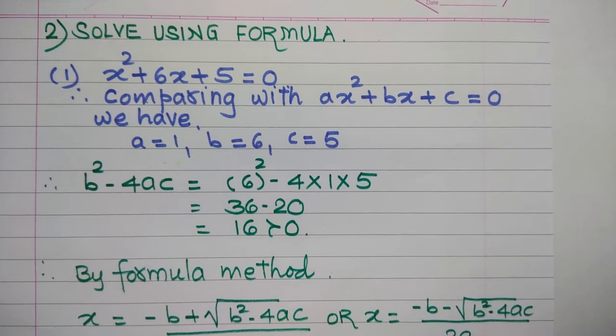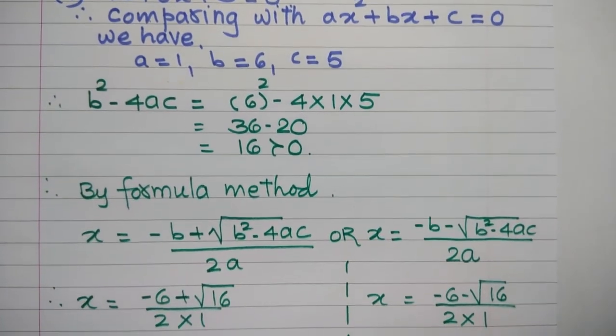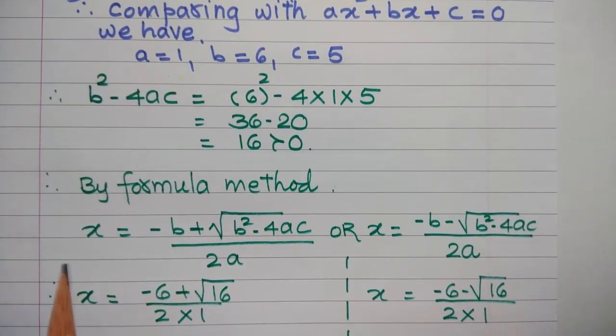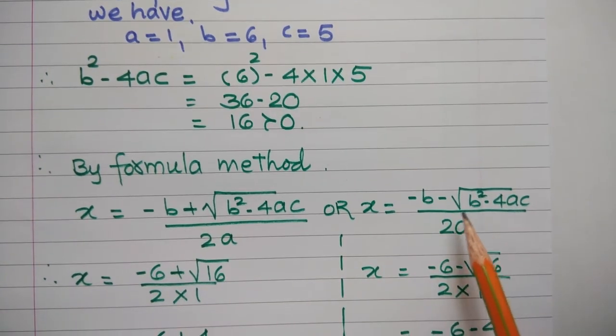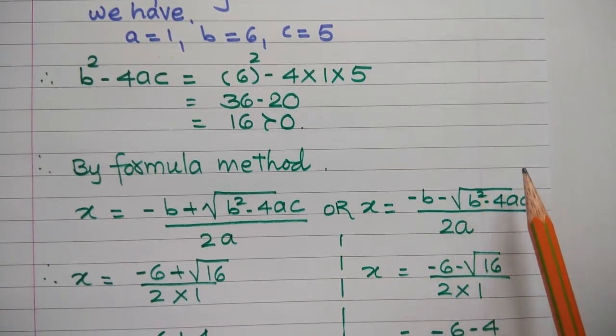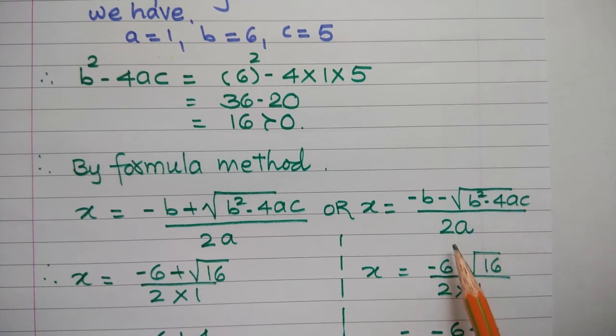Therefore, by the formula method, what is the formula? x is equal to minus b plus under root b square minus 4ac upon 2a, or x is equal to minus b minus under root of b square minus 4ac upon 2a.